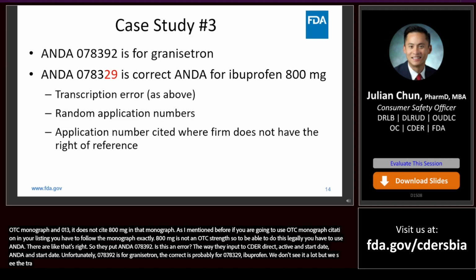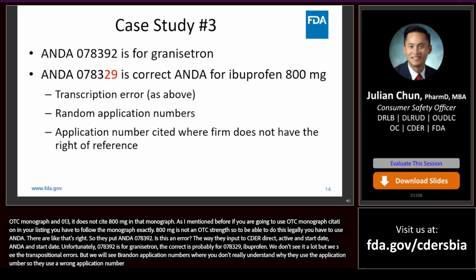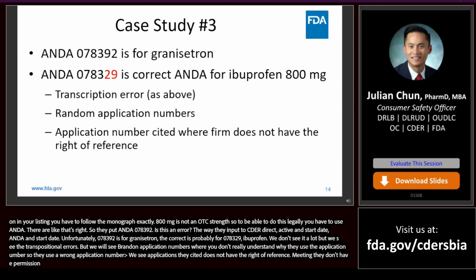But we'll also see random application numbers where you don't really understand why they used the application number, so they've used the wrong application number. Other things we see is that the application numbers they've cited, they don't have the right of reference, meaning they do not have permission from the application holder to use their application, but they're citing it anyway.